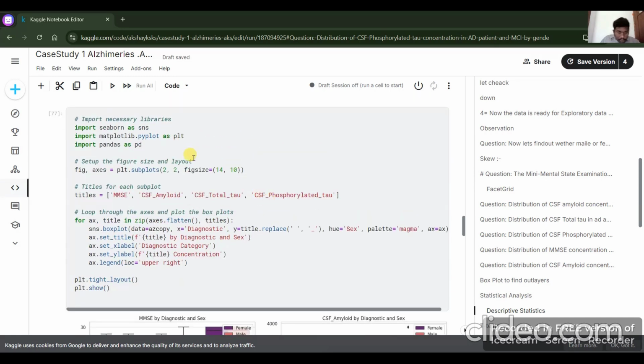We added the box plots with figure size 14 by 10, with subplots for axes and figures.